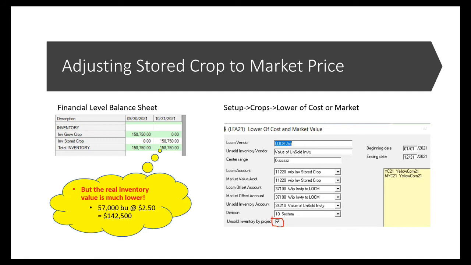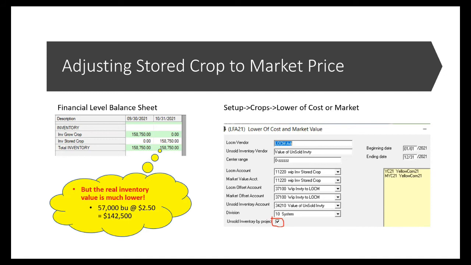Because if you run it through the full year and then later sales take place and the inventory goes to zero, the initial lower cost of market entry is still in the system from when you ran it earlier in the year. So I encourage running this through today and not trying to create this entry for the full year.